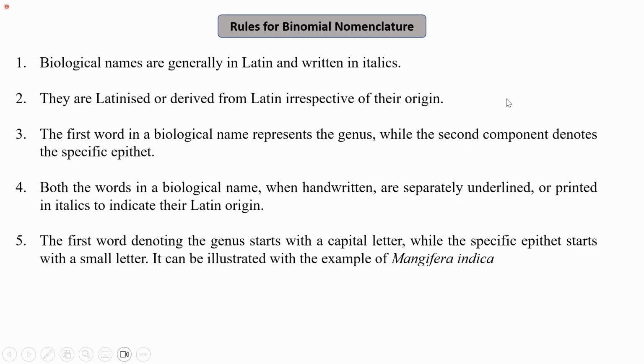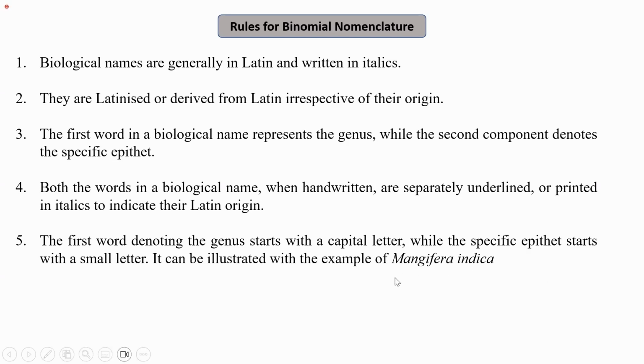The first word denoting the genus starts with a capital letter. For example, if I look at the example of Mangifera indica, the first word, the genus Mangifera, starts with a capital letter, while the specific epithet starts with a small letter. Irrespective of whether it's the name of a country or related to the name of some person, it should always start with a small letter if it is a specific epithet.